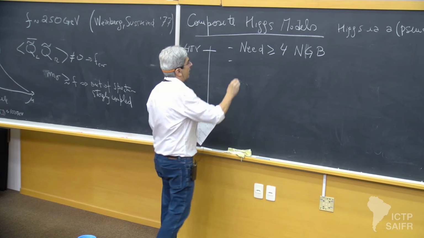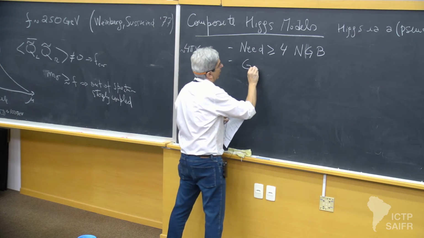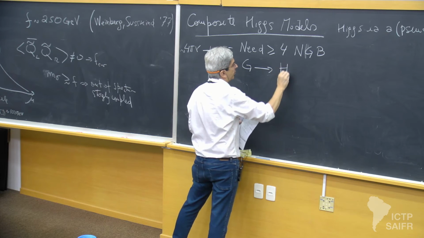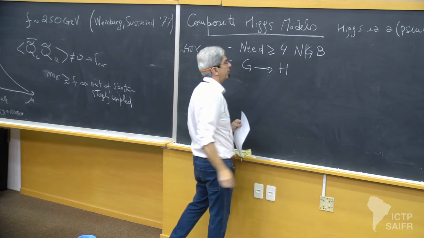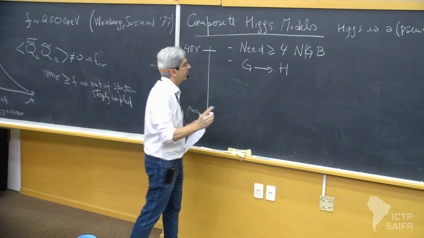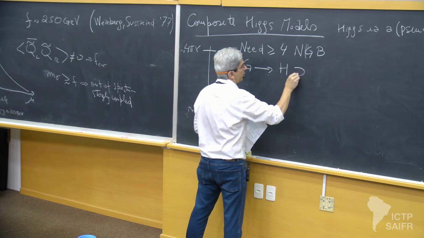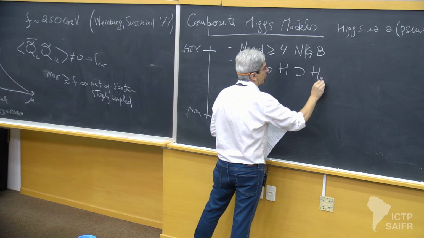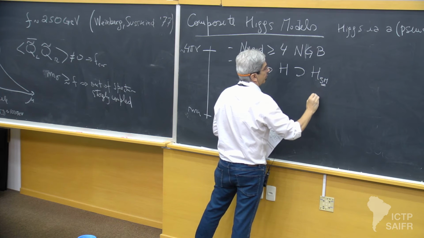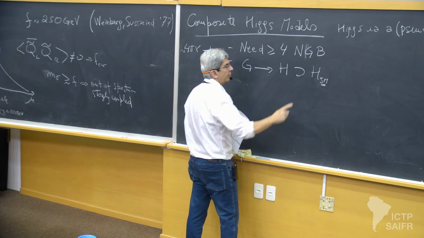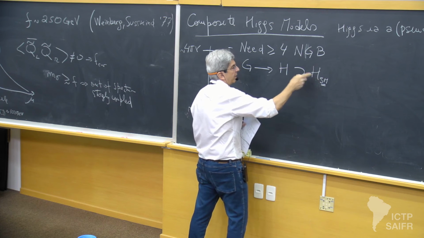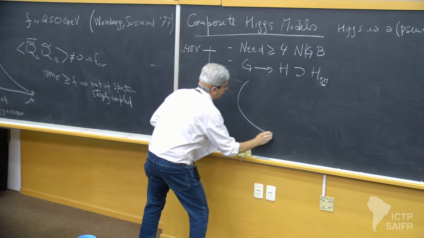So a global symmetry group breaks spontaneously, and it gives me this spectrum of Nambu-Goldstone bosons. But this is including the standard model gauge group, particularly the electroweak standard model gauge group. So here is the picture.